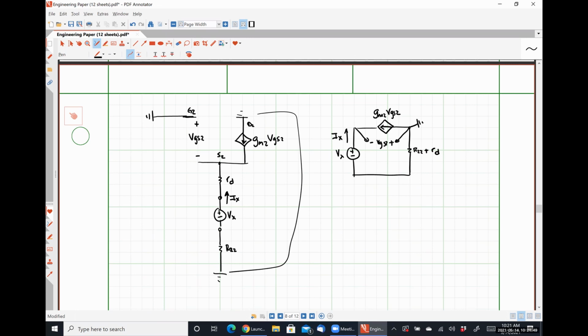And if I wrote a KVL equation around this loop, I would have negative Vx minus VGS2 plus Ix times R22 plus RD is equal to 0. What is the relationship between VGS2 and GM, or excuse me, Ix and my dependent current source?